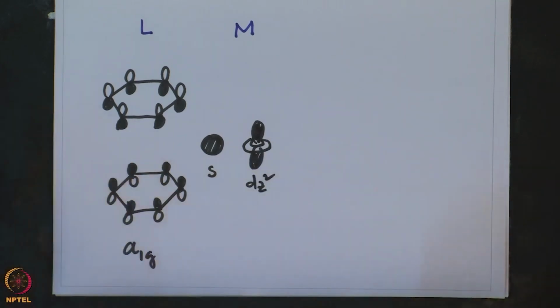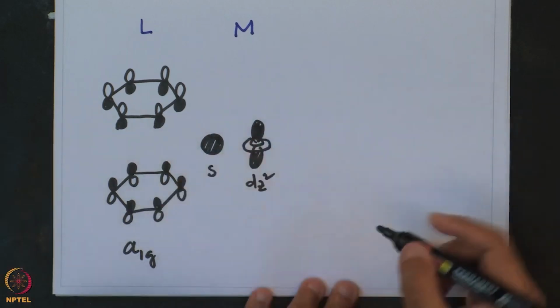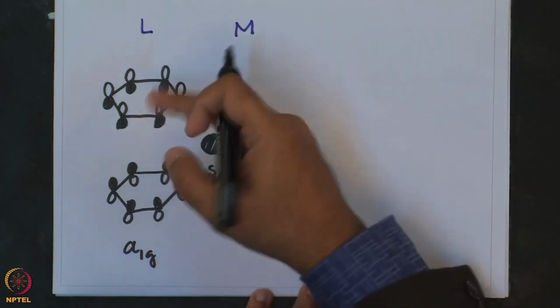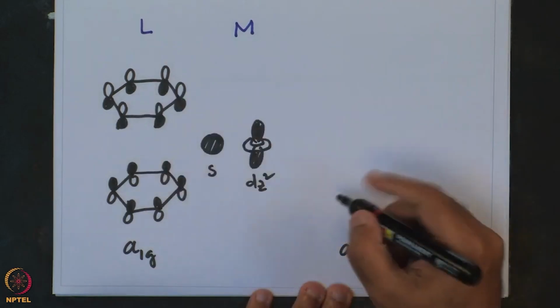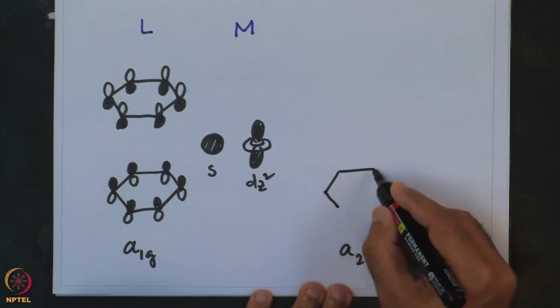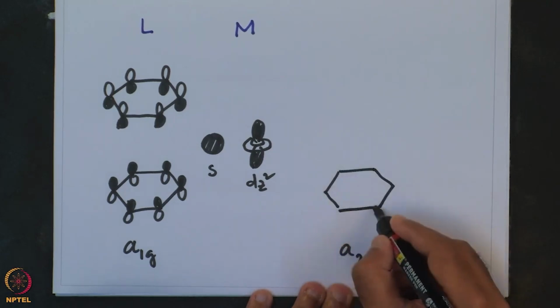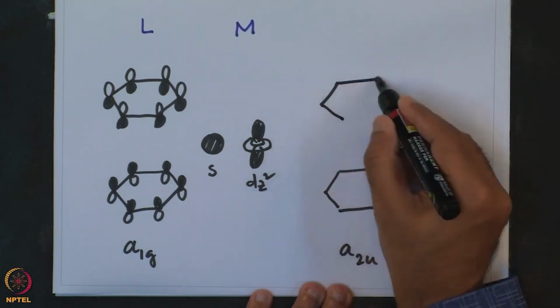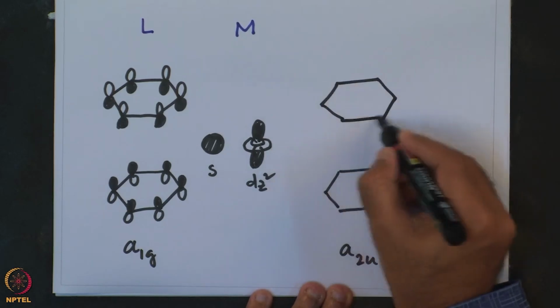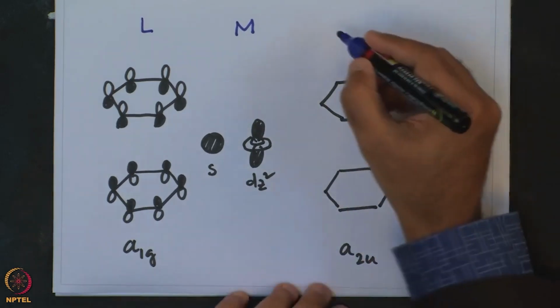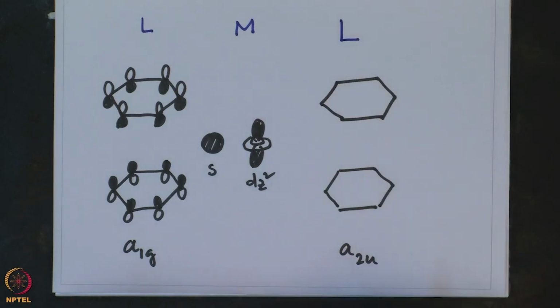Similarly, the other combination would be A2U, where they would just flip over to give a combination of something like this.